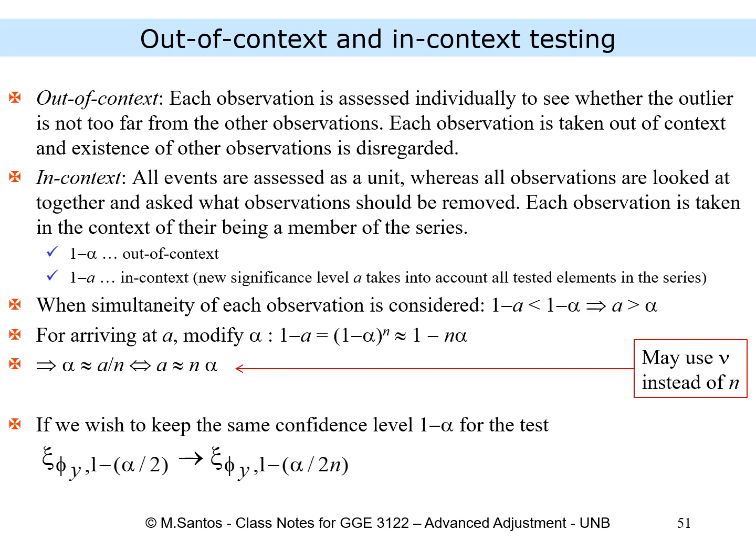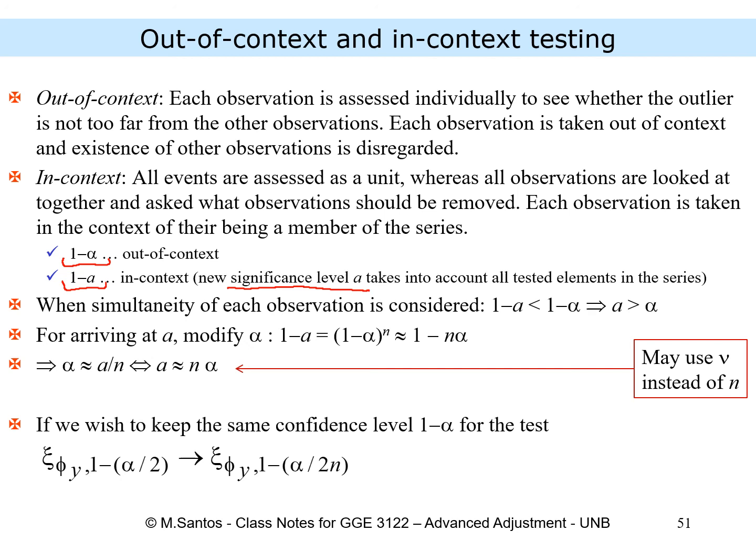How do we do this, out of context and in context? So out of context is when we use the confidence level as we have defined. The in context will define a new confidence level, 1 minus A, in such a way that the significance level A takes into account all tested elements.